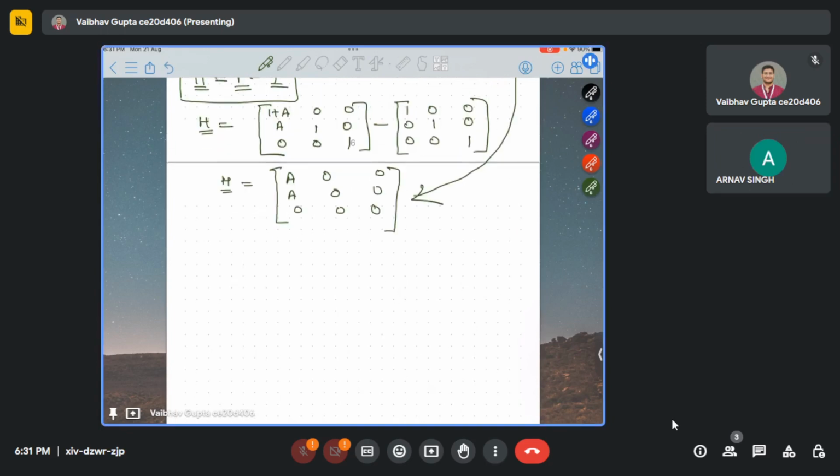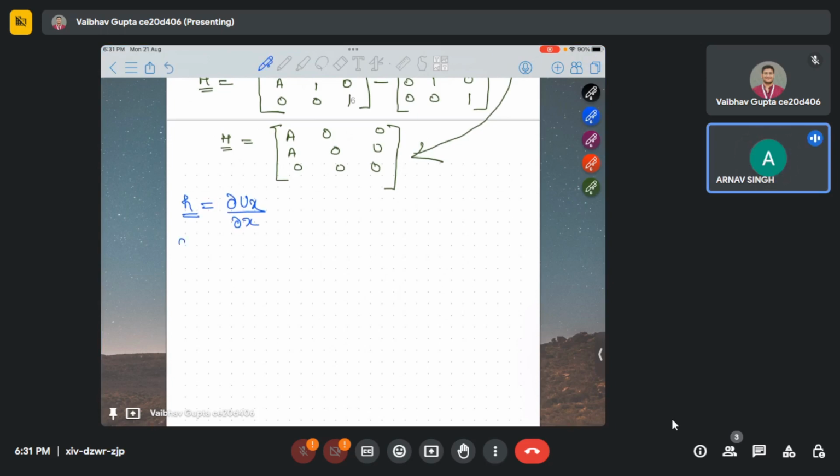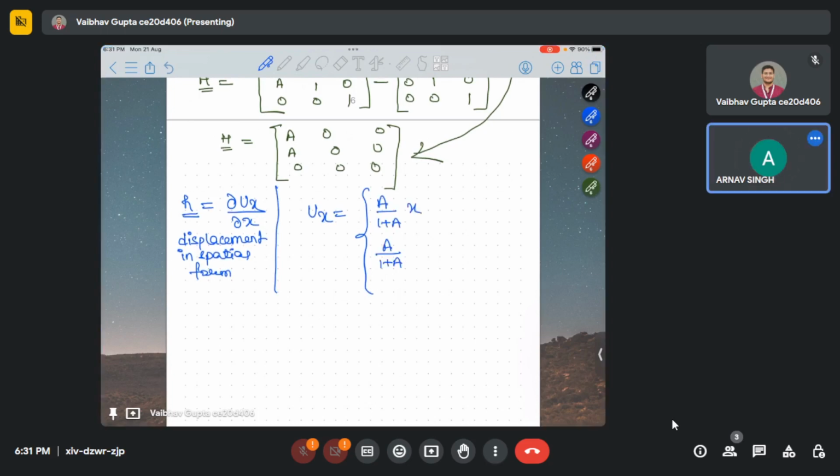So similarly now we'll find small h. What is small h? Displacement gradient in spatial form. Now our u small x is nothing but A upon 1 plus A. This is what we have found out.